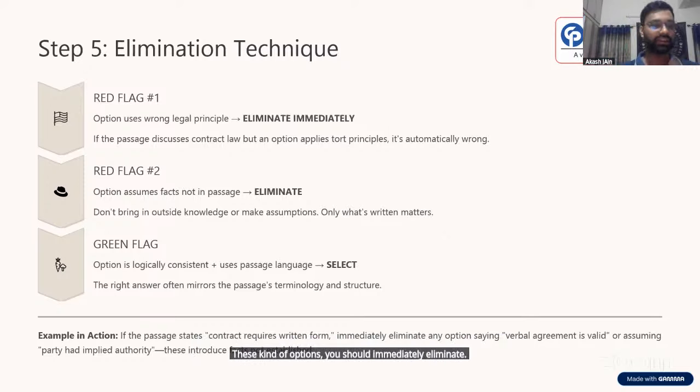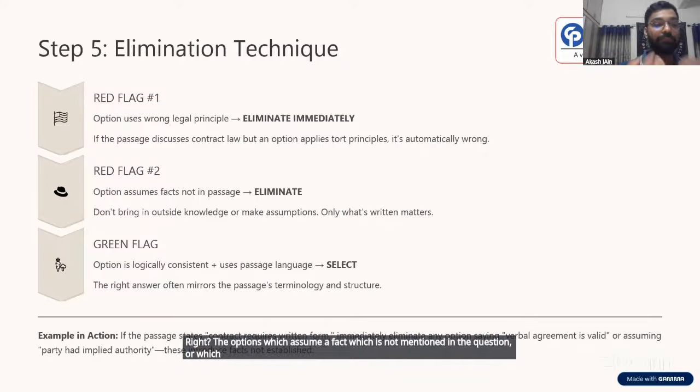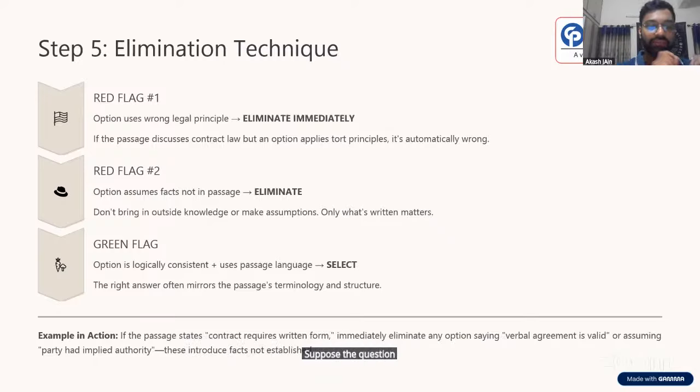Then what are the other red flags, right? The options which assume a fact which is not mentioned in the question, or which are based on an assumption which is not made in the question. Suppose the question does not mention that while causing the injury to A, B had the intention to cause death of A. But the option says yes, B is guilty of murder because he had the intention.